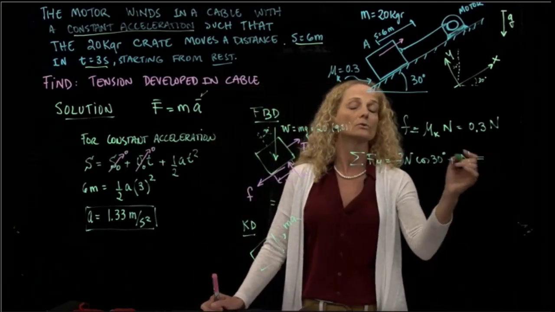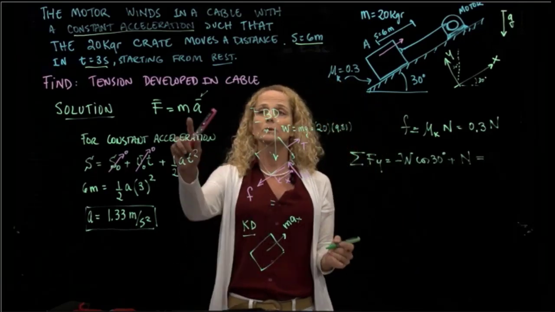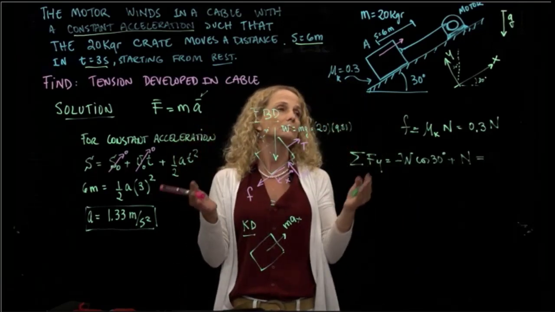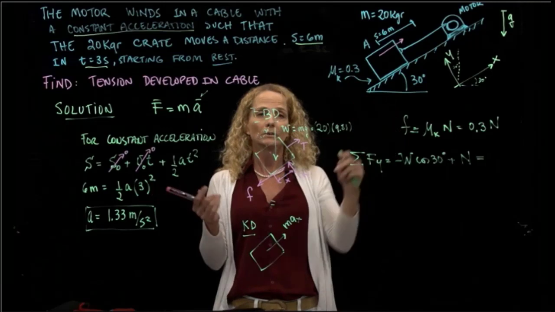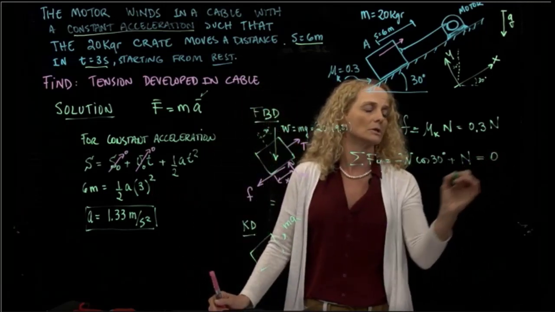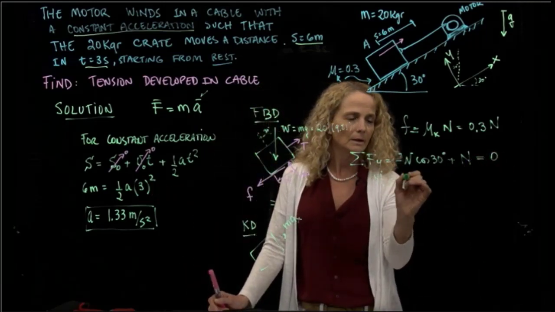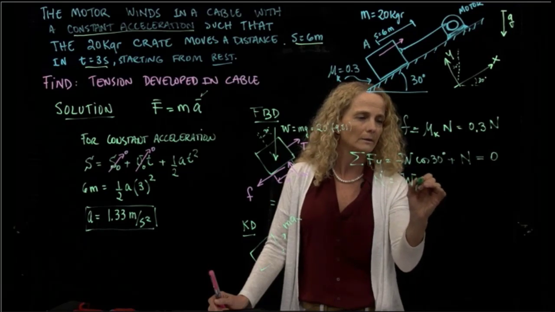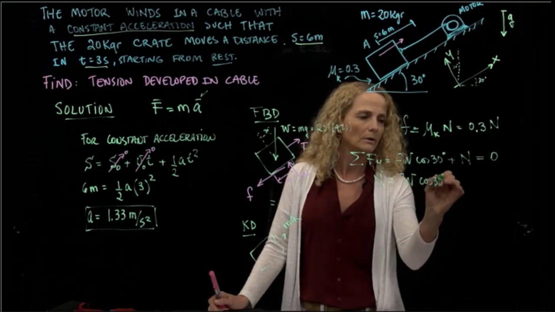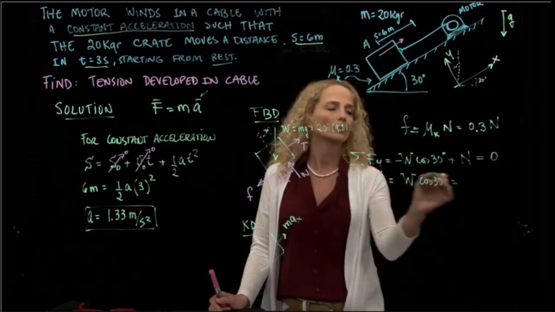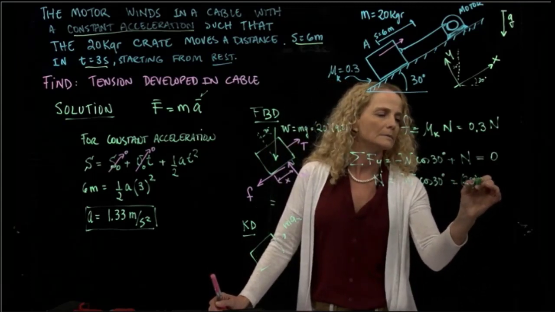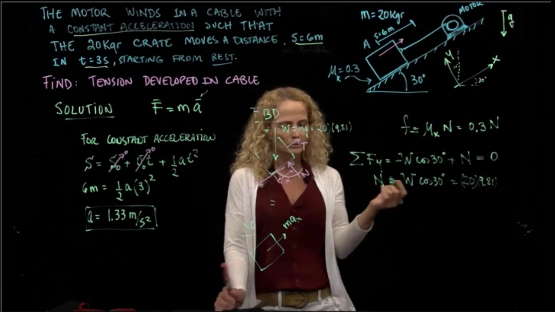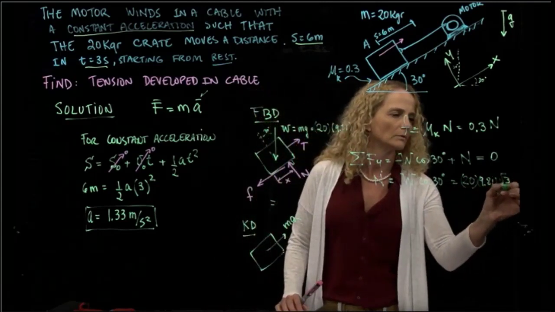And that has to equal the mass times the acceleration in the y direction, but since I'm not moving perpendicular to the surface, this is equal to 0. So my normal is equal to weight times cosine of 30. This equals 20 times 9.81 times cosine of 30, which you know is square root of 3 over 2.